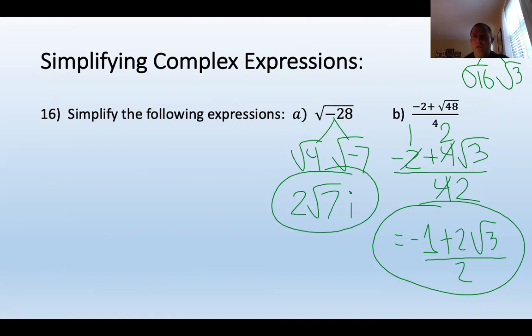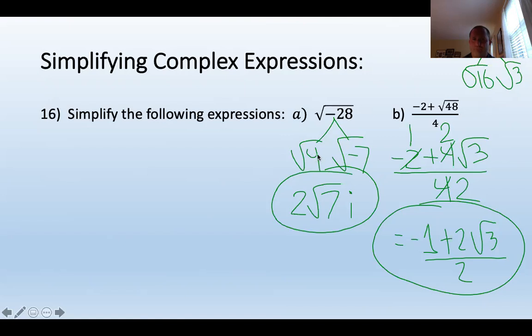So make two new square roots. The first square root needs to contain the largest perfect square that'll factor into negative 28. That would be 4. And then 4 times negative 7 gives you negative 28. So negative 7 goes in the other radical.